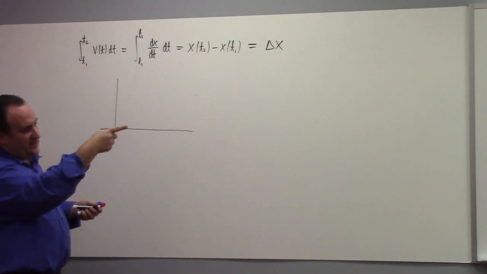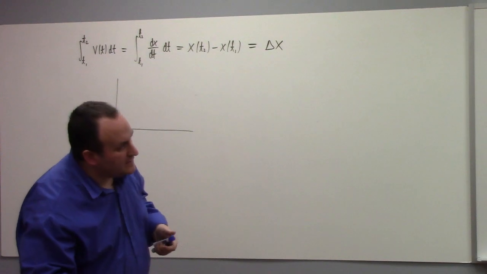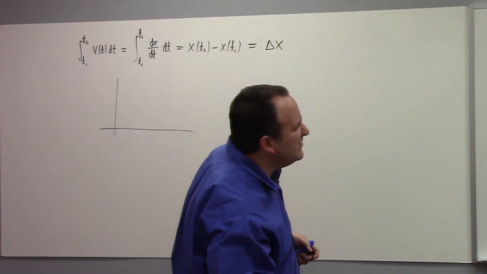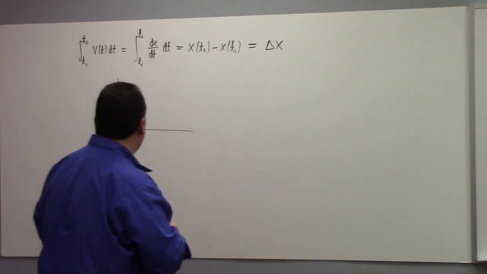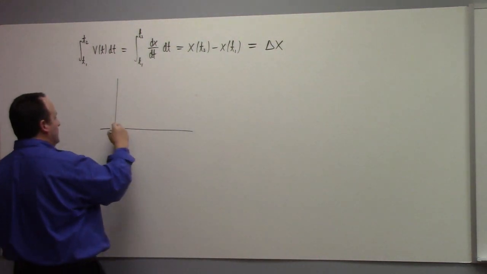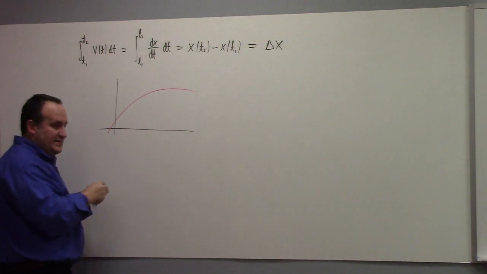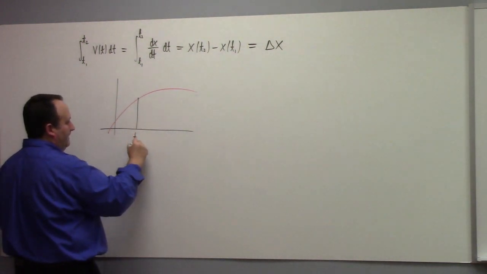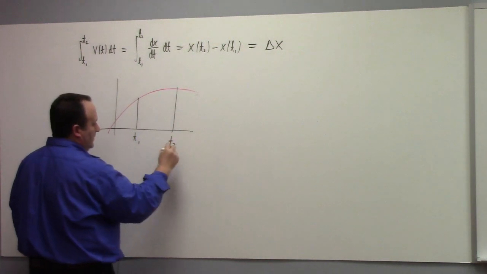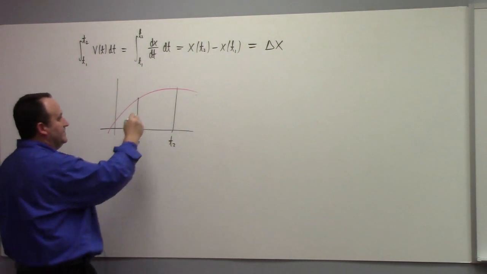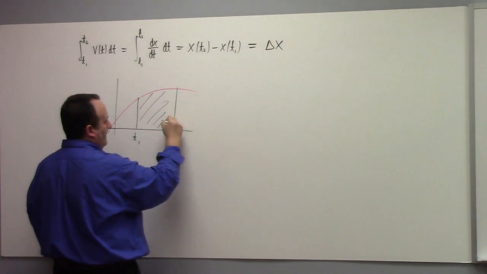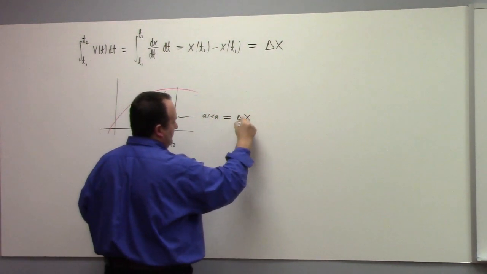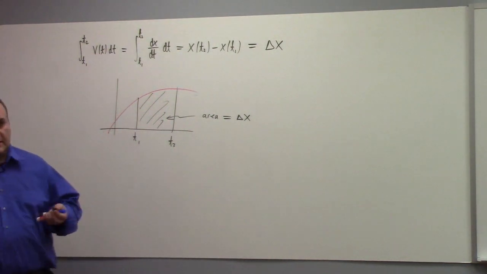If we just have the velocity graph, which I'm trying to color code, red, all right. If this is the velocity graph and I go from time 1 to time 2, the area under this graph is equal to the displacement in question.